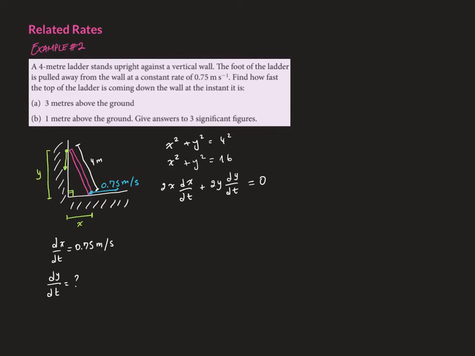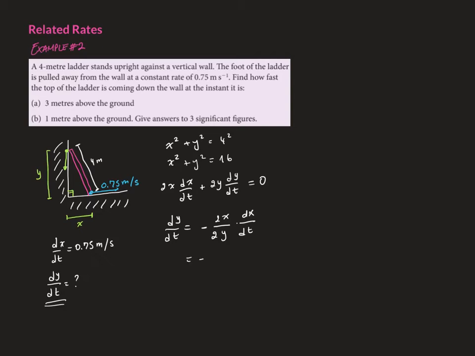Now the question is dy over dt. So let's solve that equation for dy over dt, and we get dy over dt is equal to minus 2x over 2y times dx over dt.